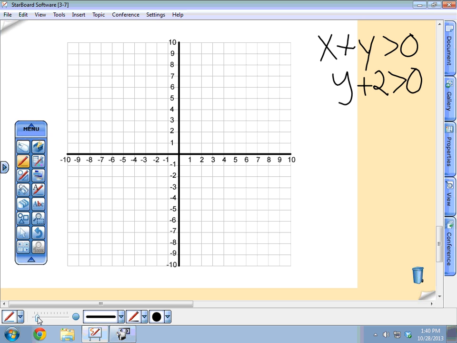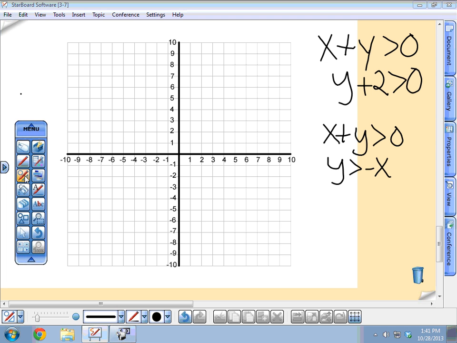In order to do that, the easiest way to graph these things is to put them in slope-intercept form. That's why we learn the different forms for the equations of these lines. So we just subtract an x from both sides. And notice that this particular one is the one that we just did, Courtney. So it's y is greater than negative x.